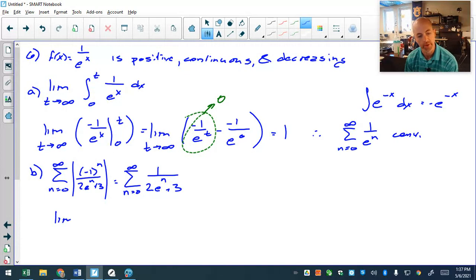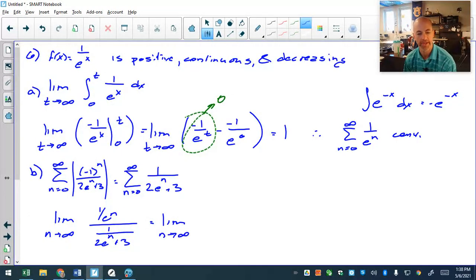All right. So we have to do the limit as n goes to infinity, and we just have to do the ratio of this series to the 1 over e to the n in any way. So I'll do 1 over e to the n on top over 1 over 2e to the n plus 3. And we just want to show that we get a positive finite result.